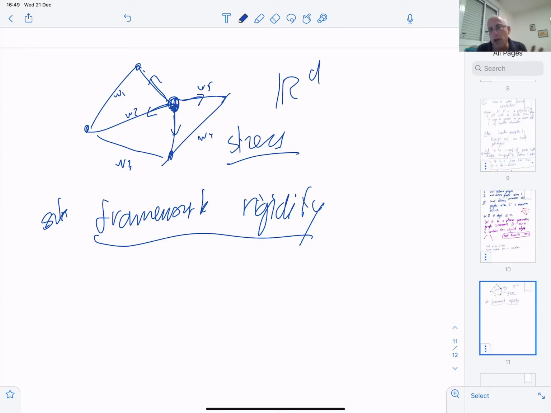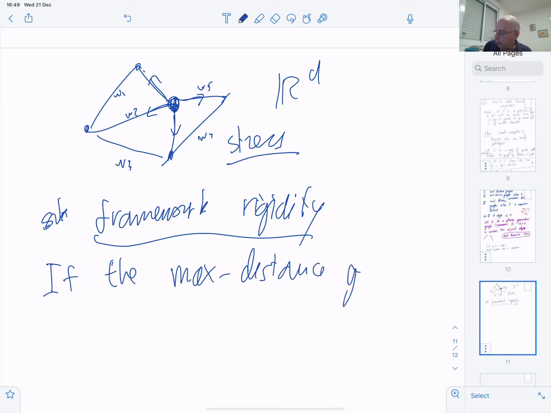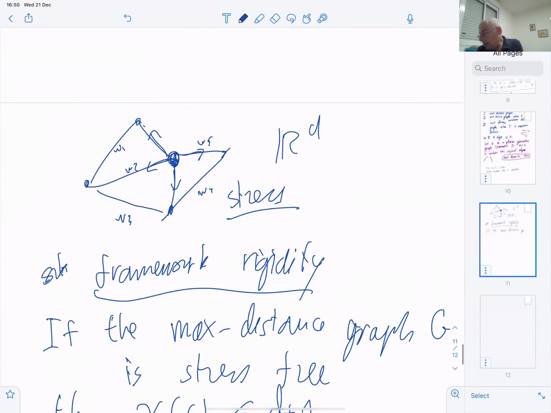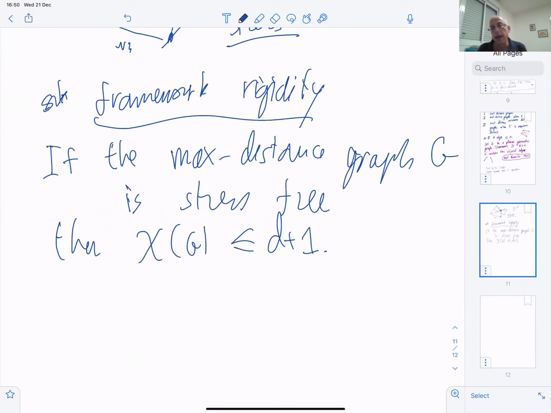And then the conjecture is that if the max distance graph is stress-free, then its chromatic number is less than or equal to D. This is a conjecture which is very different in nature from the Borsuk problem.